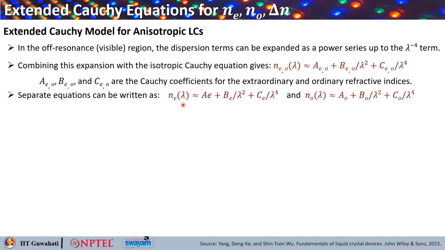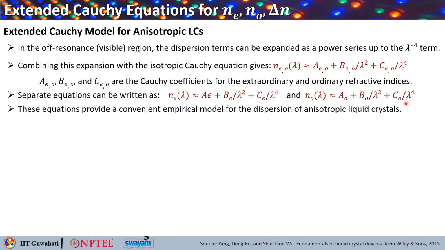The separate equations can be written as Ne lambda equals AE plus BE over lambda square plus CE over lambda to the power 4, and No lambda will be AO plus BO by lambda square plus CO by lambda to the power 4. So, these equations provide a convenient empirical model for the dispersion of anisotropic liquid crystal.